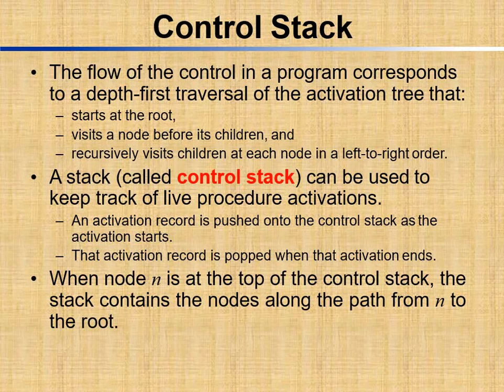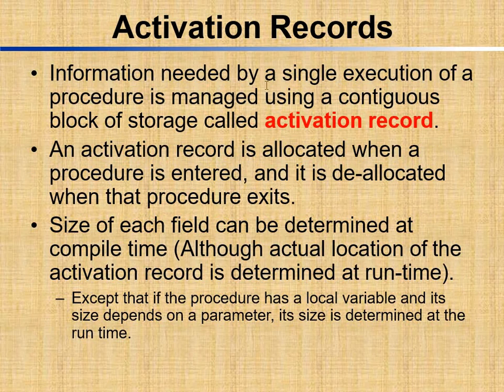Now in an activation record, information needed by a single execution of the procedure is managed using contiguous blocks of storage. We call this the activation record. An activation record is allocated when a procedure is entered and it is deallocated when the procedure exits.